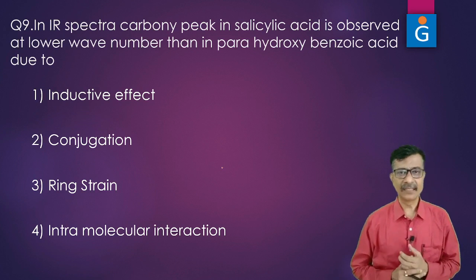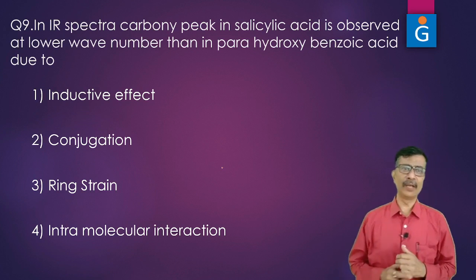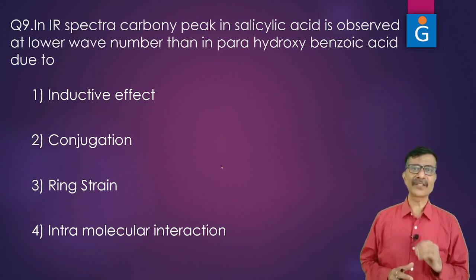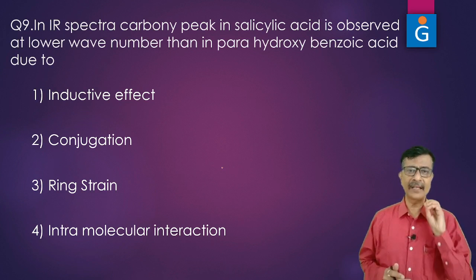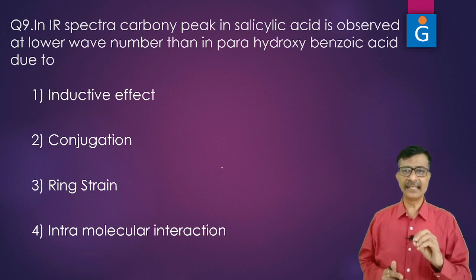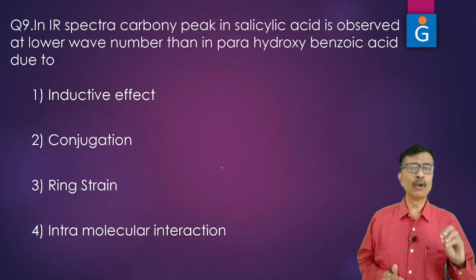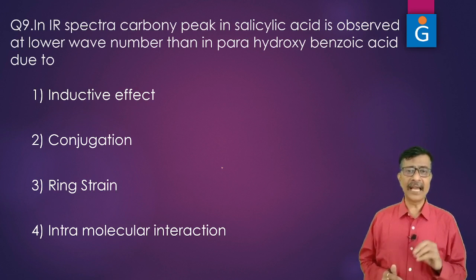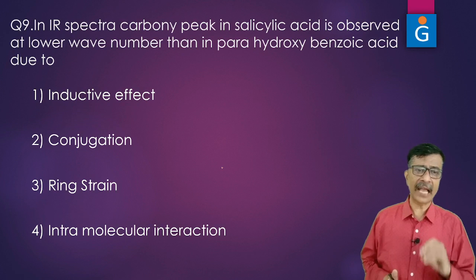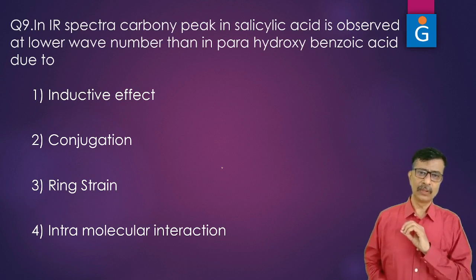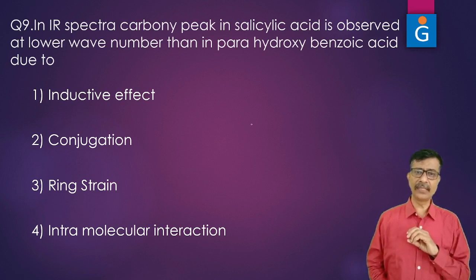Moving to the next, read the question carefully here. In IR spectra, the carbonyl peak in salicylic acid is observed at lower wave number than in para-hydroxybenzoic acid due to. Now look at the structures of both of these.